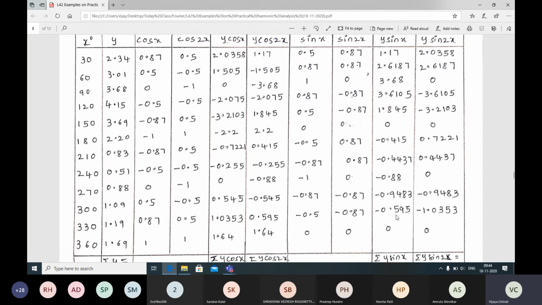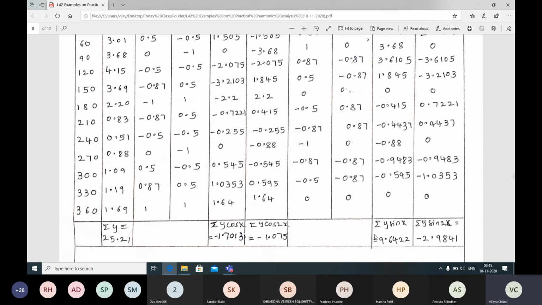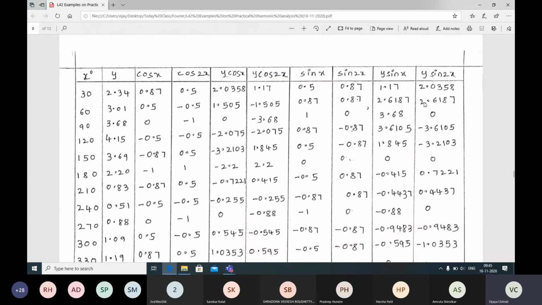So add all the values. Summation of y sin x is 9.6422.